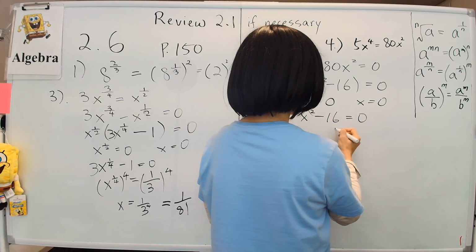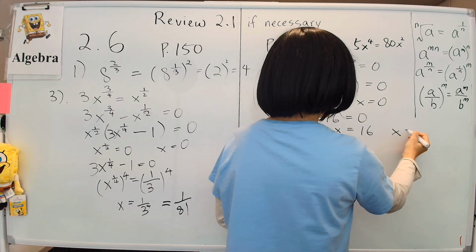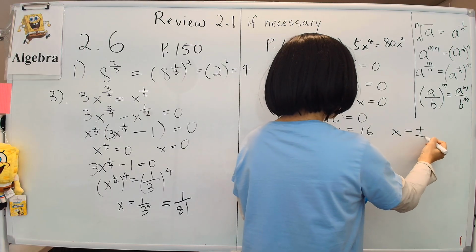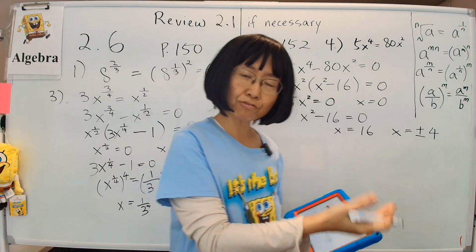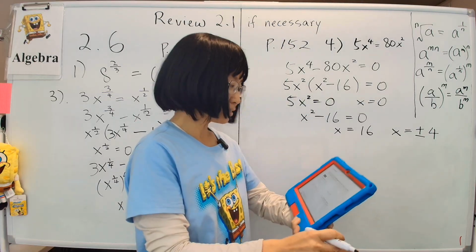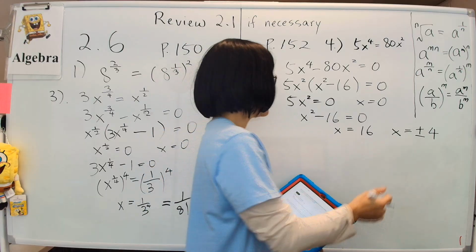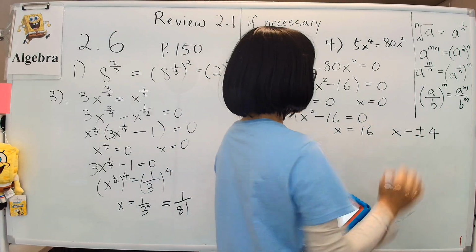So x squared is equal to 16, which means x is equal to plus or minus the square root of 16, plus or minus 4. That's just another way of saying x equal to 4 and x equal to minus 4. So there are 3 possible solutions: x equal to 0, 4, and negative 4.